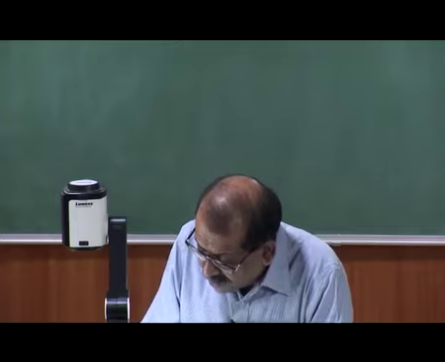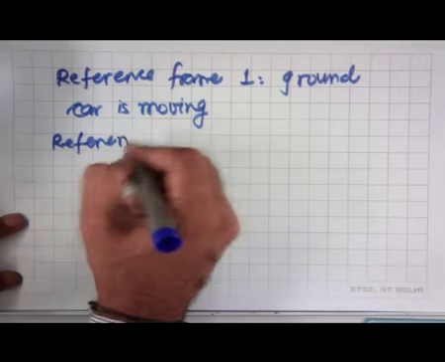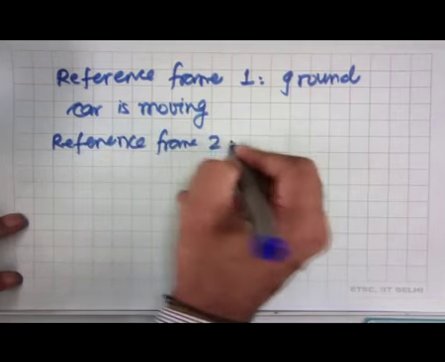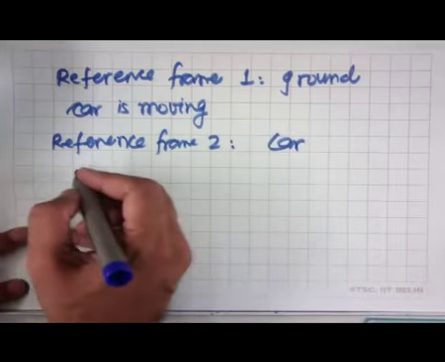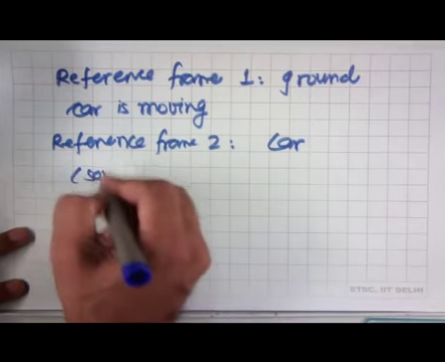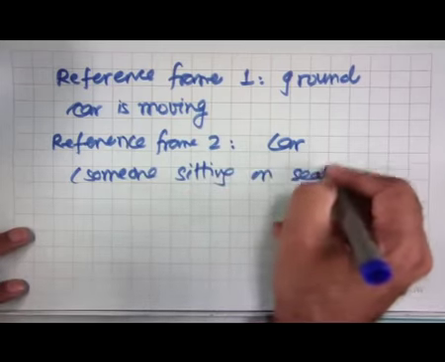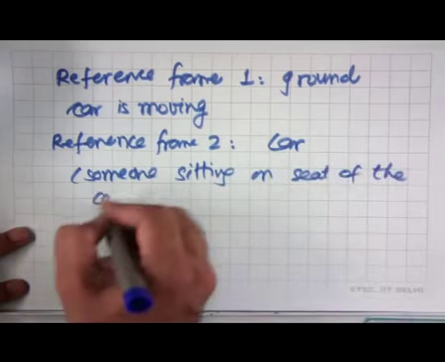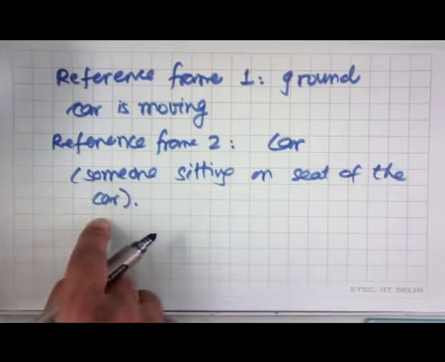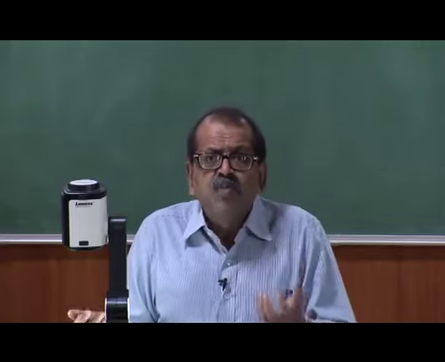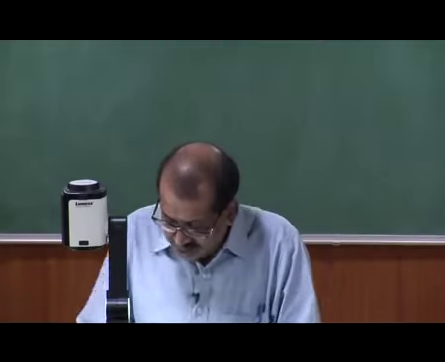Now, let my reference frame 2 be the car. That means there is another observer, someone sitting on the seat of the car. So, to the second observer who is sitting in the seat of the car, whatever is there in the car is not moving at all, whereas for a person who is on the ground, it is different.